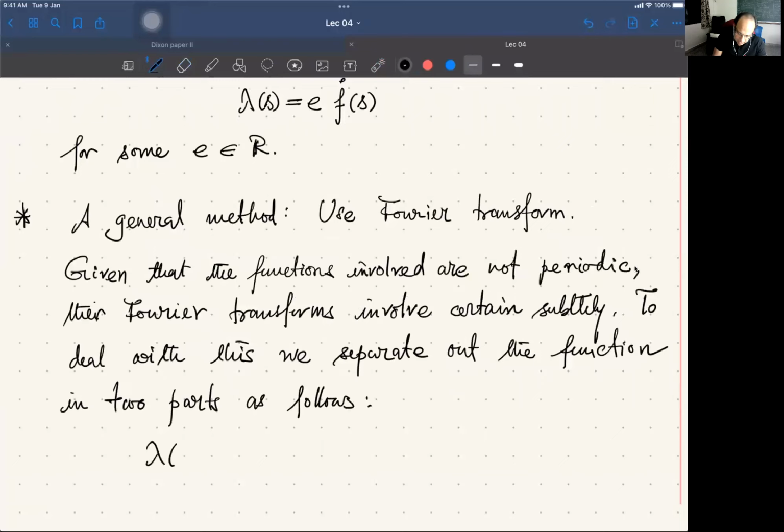So lambda of s can be written as x of s plus delta lambda of s, such that x takes care of the boundary condition of lambda, and delta lambda is periodic.